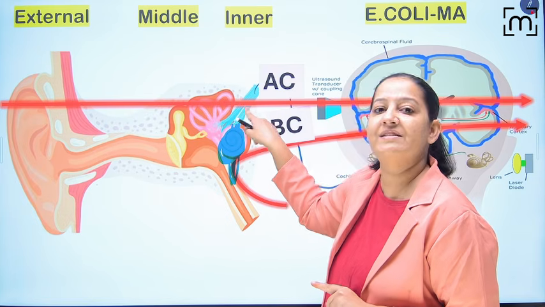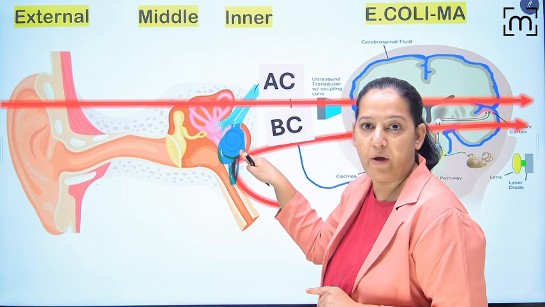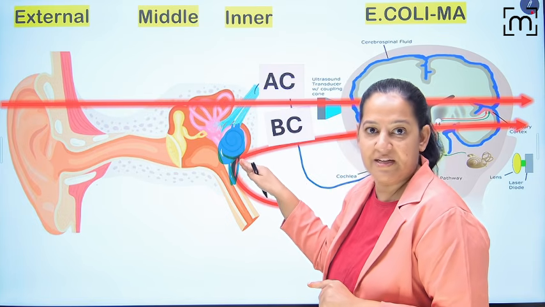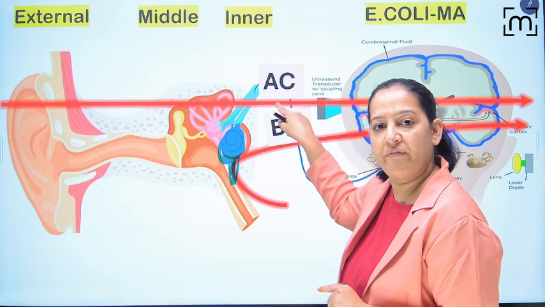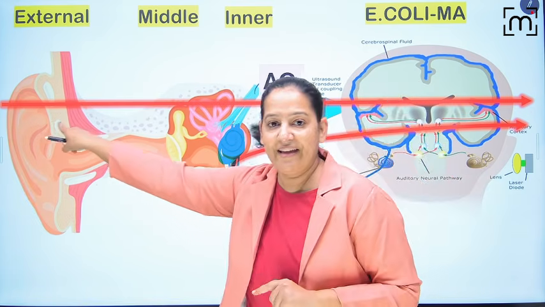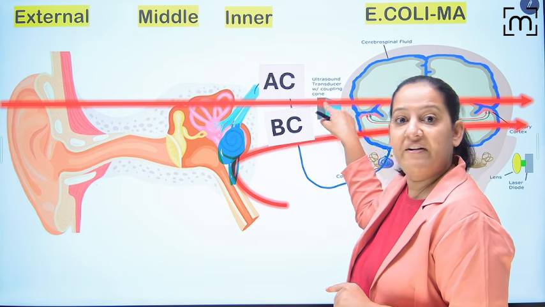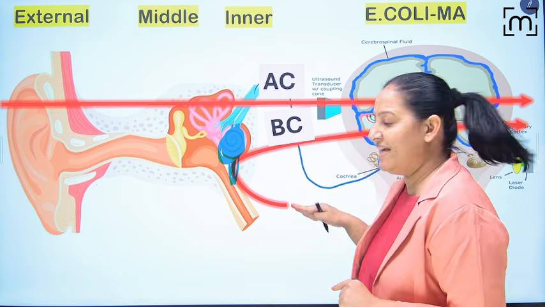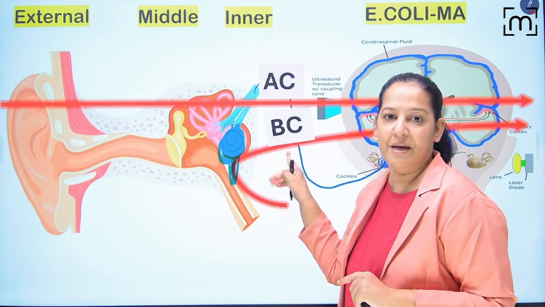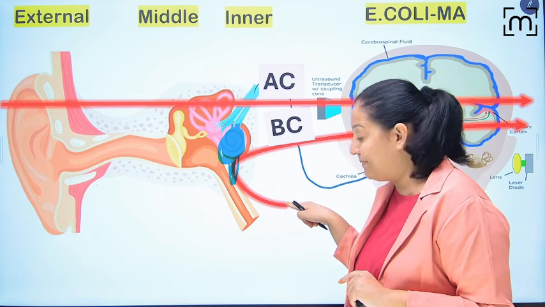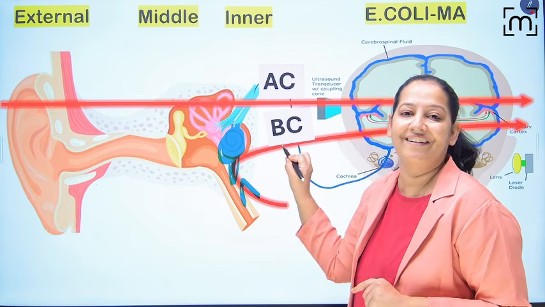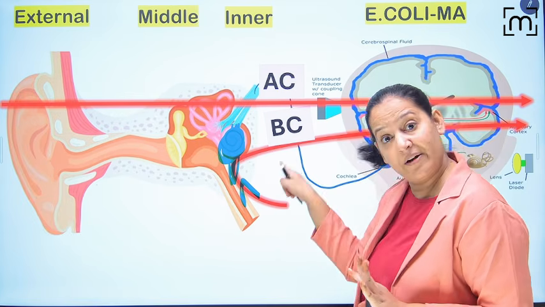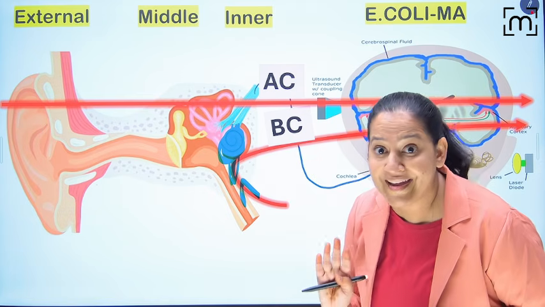From here onwards, the wave will dampen if it is not 100% blockage. Maybe 40 or 50% deafness is there. But till here, it's normal, and after that the waves dampen. But in BC, they are dampened from the beginning itself, because BC directly activates the cochlea. So I hope here also AC is greater than BC. This funda holds good and you are getting it.